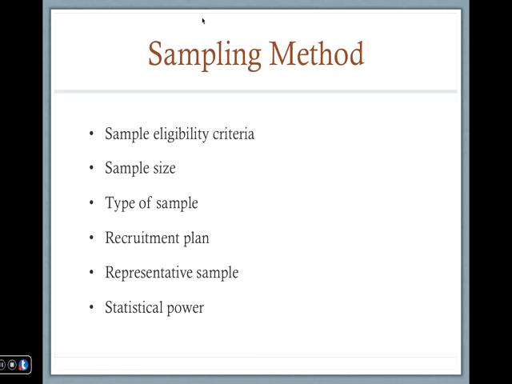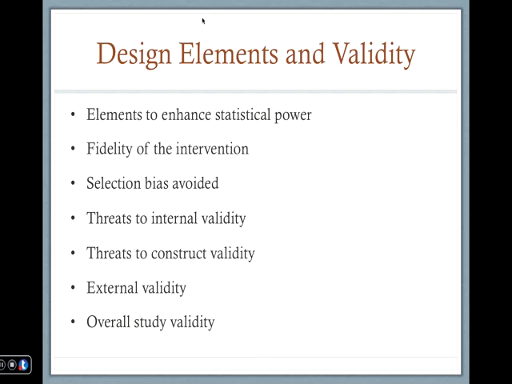So you can see how recruitment plans really affect the representativeness of your sample. A representative sample will influence the statistical power. The smaller the sample, or the more biased the sample, the less likely you are to have enough power to answer the research question.